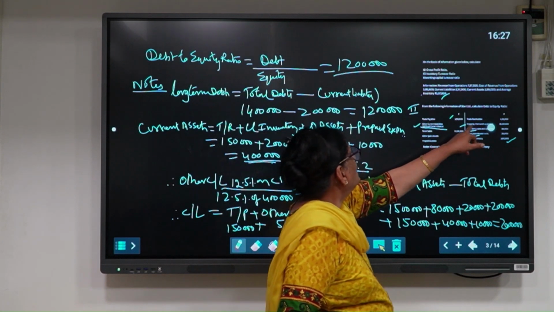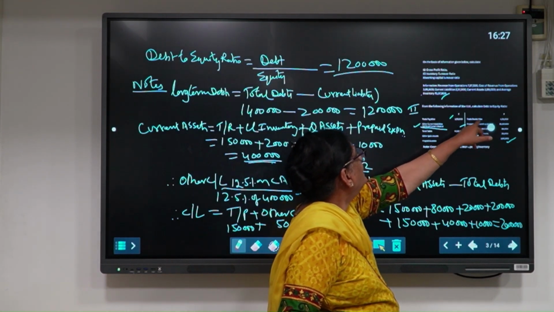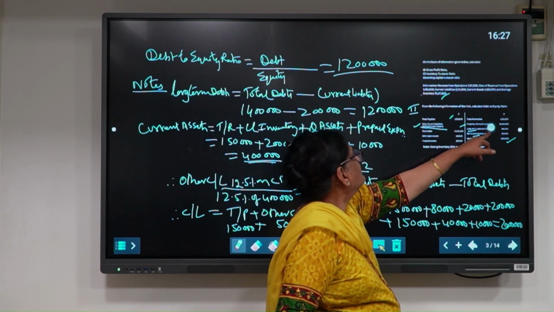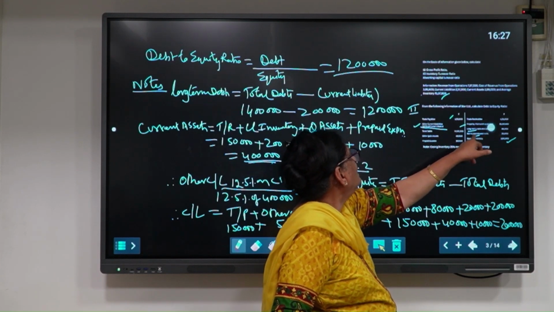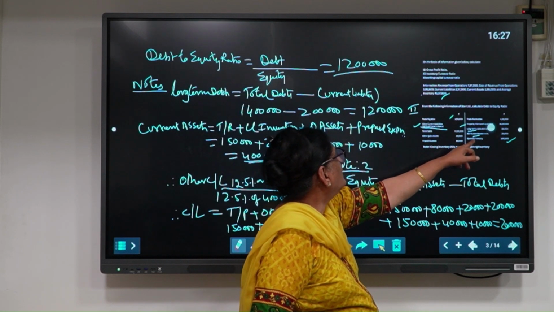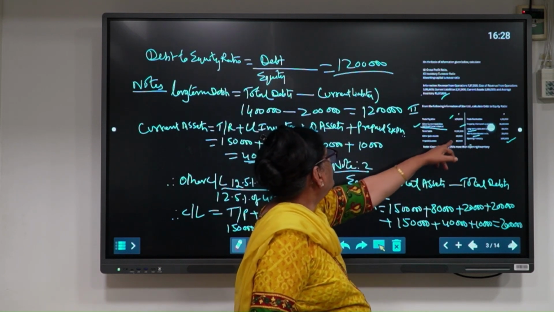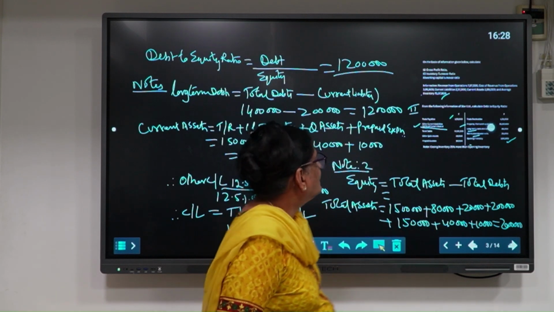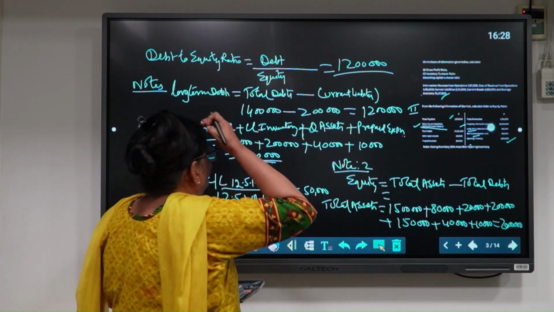Your property, plant: 50 lakhs are there. Trade receivable, current assets 1 lakh 50. Long term 80,000. Non-current investment 20,000. Closing inventory 2 lakh. Prepaid expenses 10,000. Other current assets 40,000. Correct? Total is 20 lakhs.